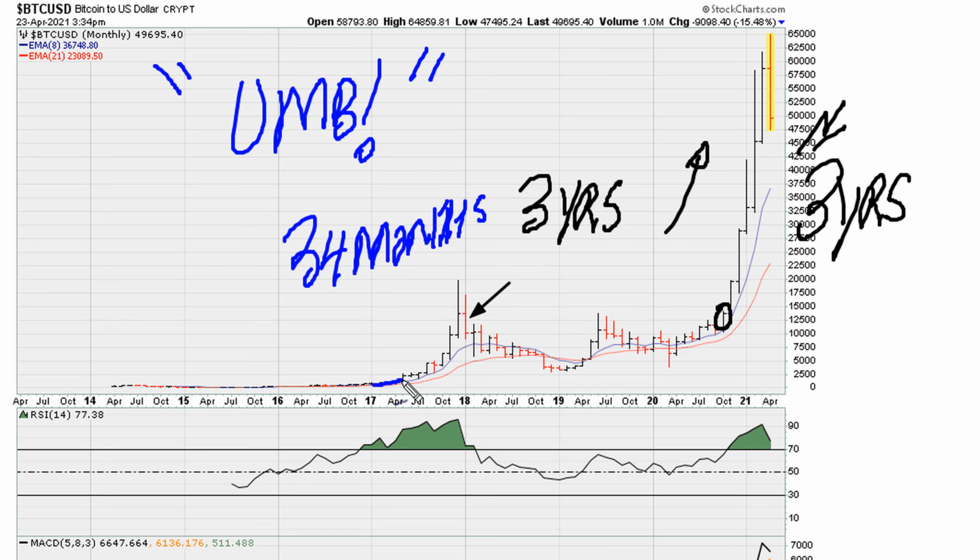Keep in mind, in 2017 to 2018, late 2017, this was the biggest price movement, the biggest journey it had ever undertaken. Because of that big journey, it's going to need a massive rest period.